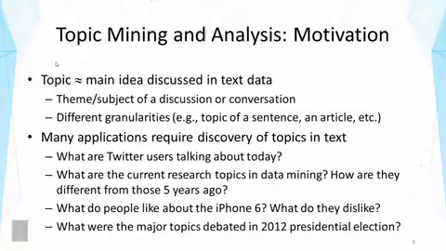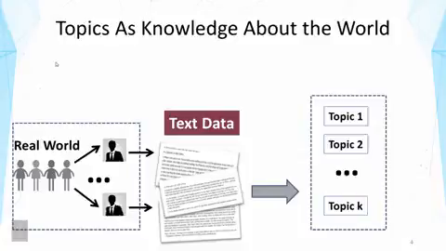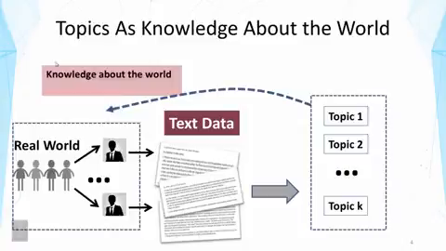All these have to do with discovering topics in text and analyzing them. And we're going to talk about a lot of techniques for doing this. In general, we can view topic as some knowledge about the world. So from text data, we can expect to discover a number of topics. And then these topics generally provide a description about the world. And it tells us something about the world, about the product, about the person, etc.